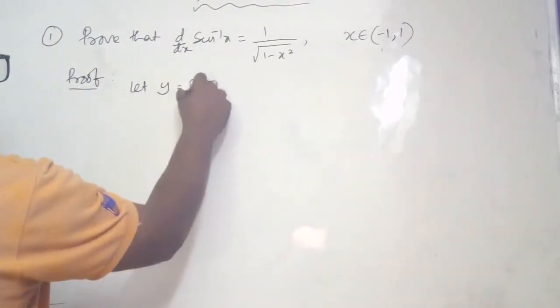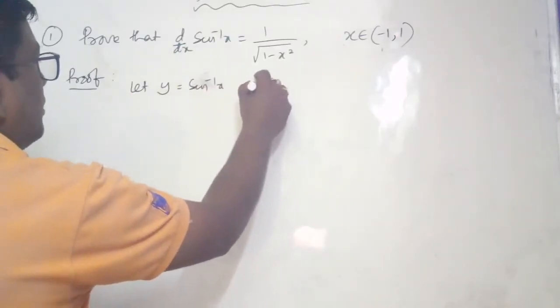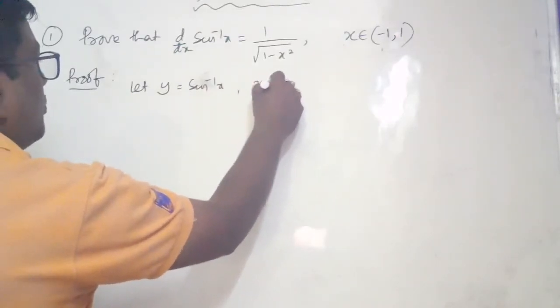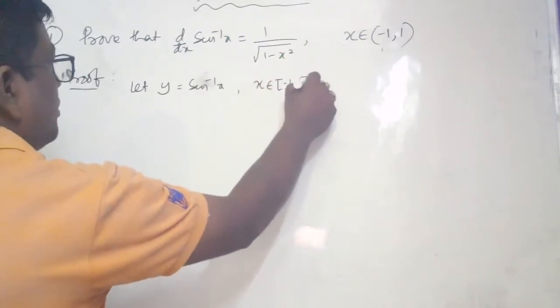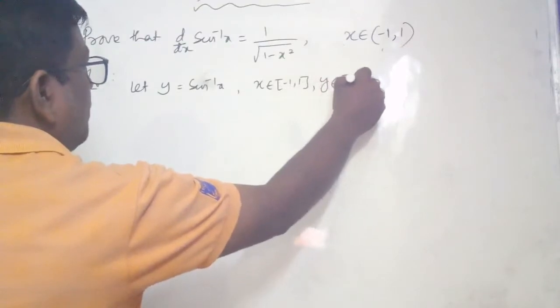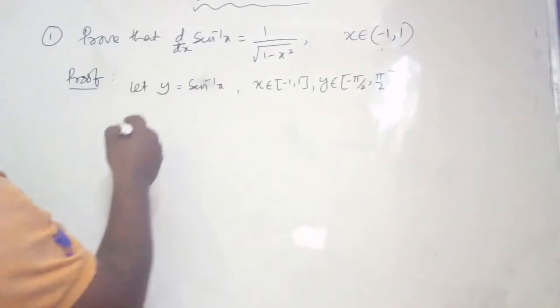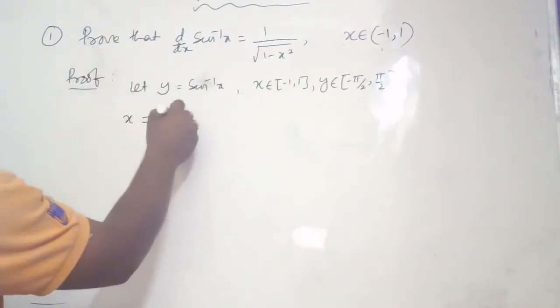What is the condition? Here x belongs to minus 1 to plus 1 and y belongs to minus pi by 2 to pi by 2. This is the condition.